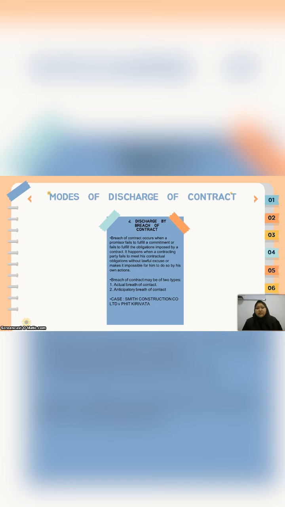Breach of contract may be of two types. The first is actual breach of contract, and the second is anticipatory breach of contract.